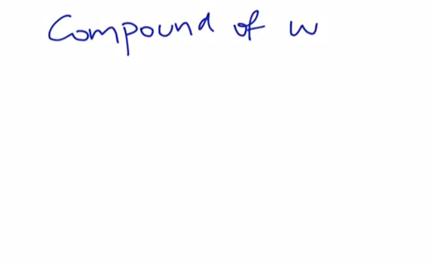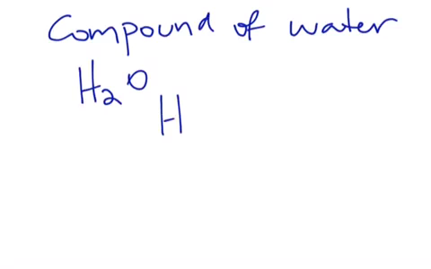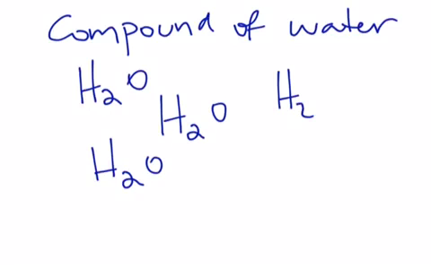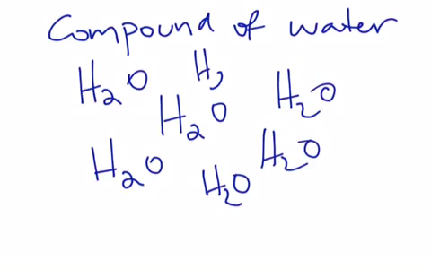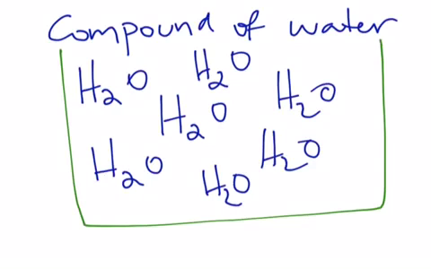So let's see how the idea of a compound works. The compound of water is made up of millions and millions of water molecules. So if we had water in a jar, we would have millions of H2O water molecules in the container.